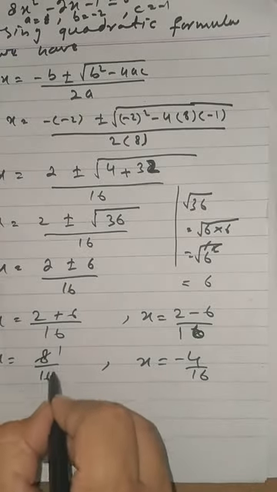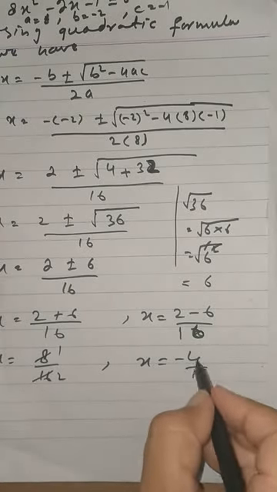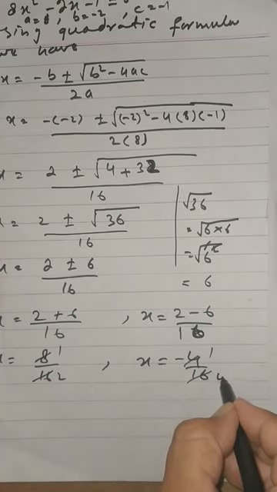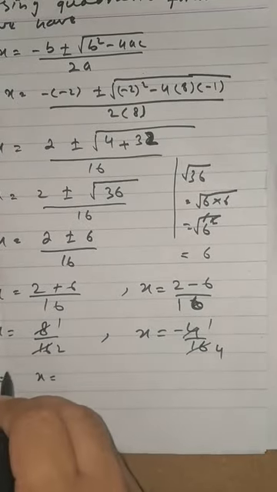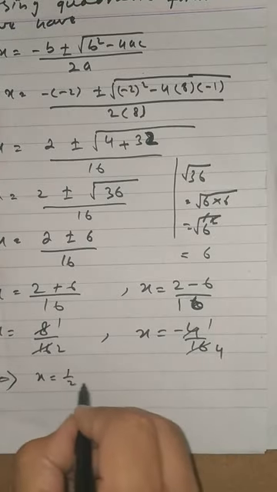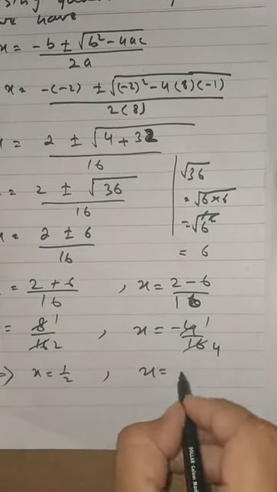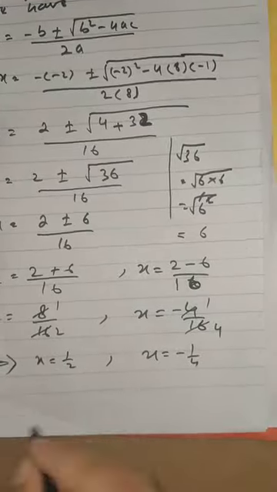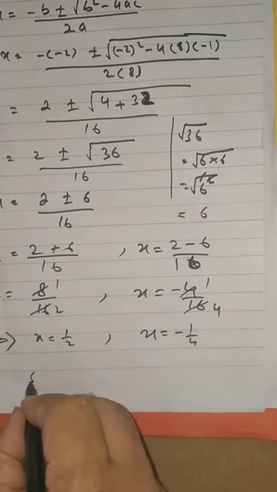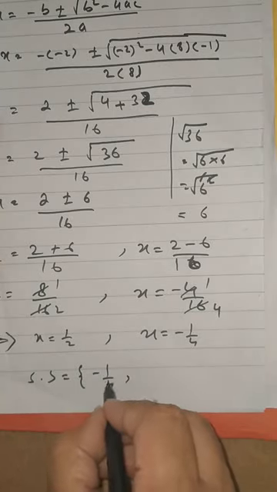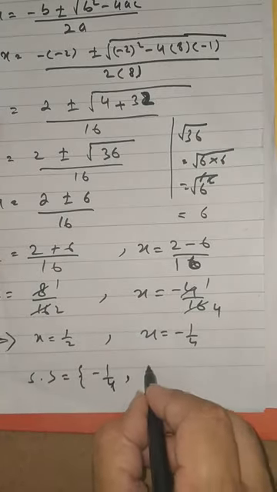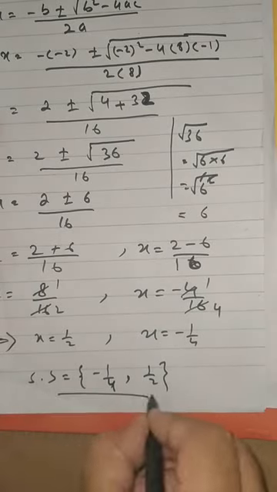Now 8 times 1 is 8, 8 times 2 is 16, 4 times 1 is 4, 4 times 4 is 16. What do we get here? x equals 1 by 2 and x equals minus 1 by 4. So the solution set is minus 1 over 4 and 1 over 2.